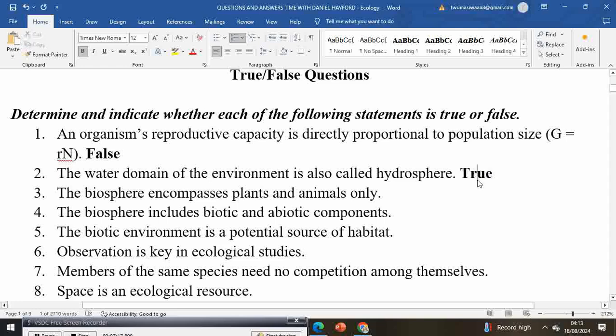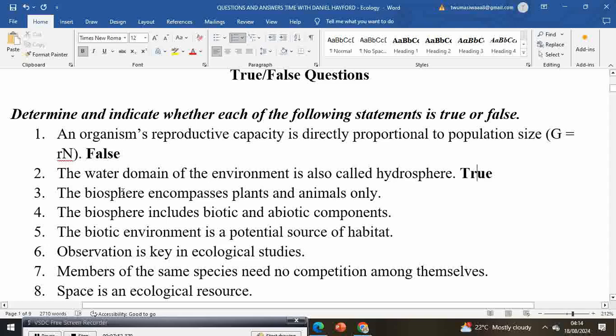So the statement here is true: the water domain of the environment is also called hydrosphere. These three domains meet at an interface where life occurs. And that interface of the three major domains, we refer to as biosphere.